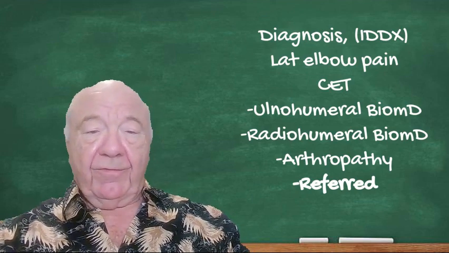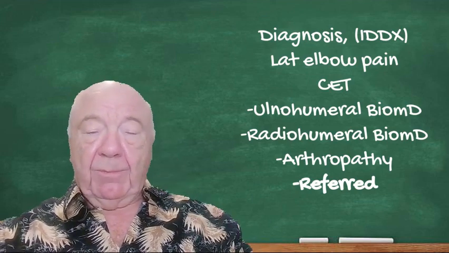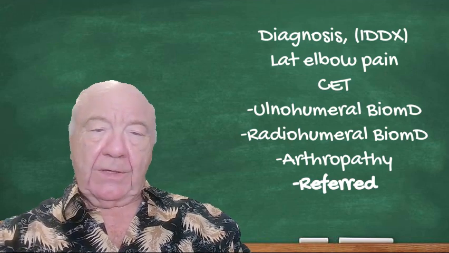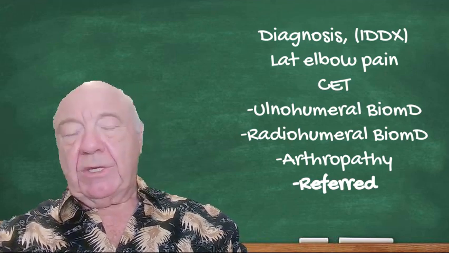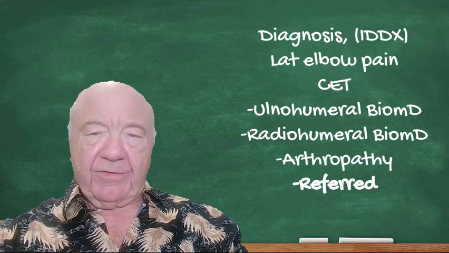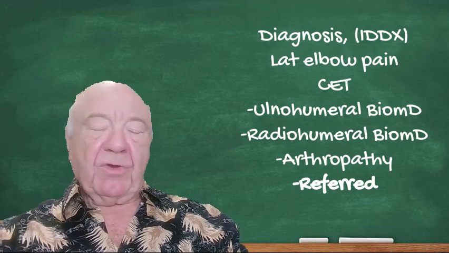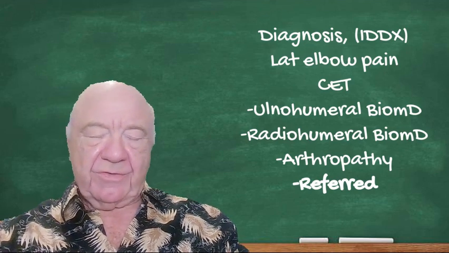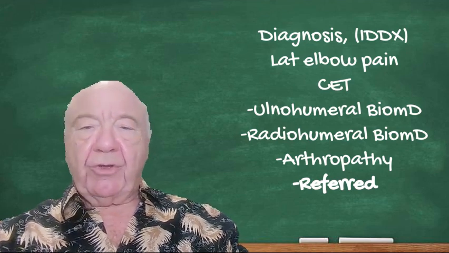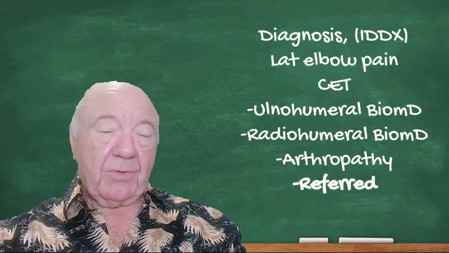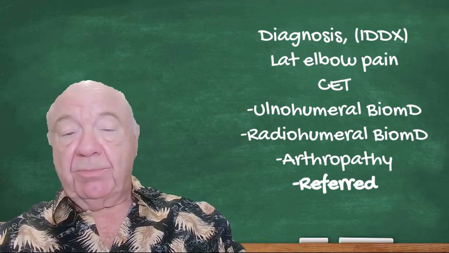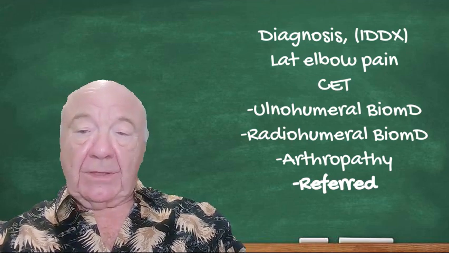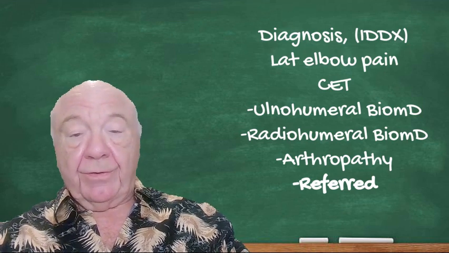We'll make a list of differential diagnoses, and we'll positively vet each one. So lateral elbow pain. What have we got? We've got common extensor tendinopathy. We've got degenerate lateral collateral ligament attenuation or tear, radiohumeral joint problems, radioulnar joint problems, ulnohumeral joint problems, and it can be referred.